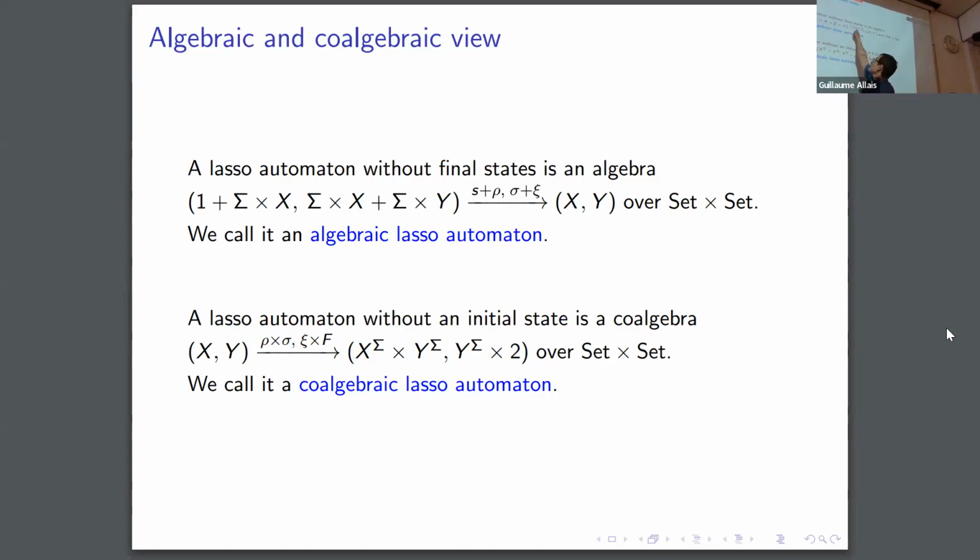Then I have the first transition type, and then the rest of the transition types. And similarly, if we remove the initial state of a lasso automaton, we get a coalgebra with the first two transition types, and then the last transition type and the final states seen as a function from the states to {0, 1}. And somehow you change sides with tau.